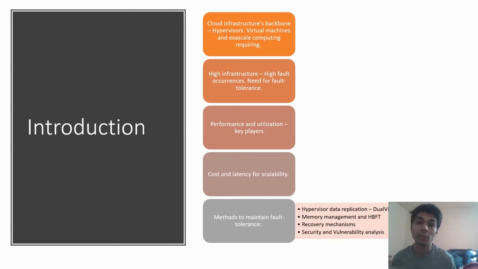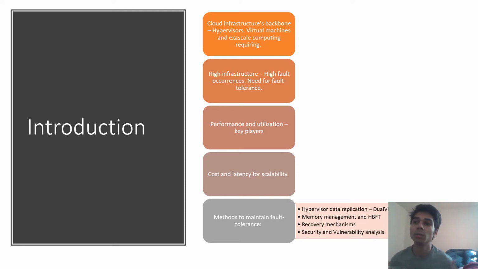So when this happens, the probability of fault occurrences also increases, and thereby we have parameters such as performance, cost and expense, and all of the resource utilization parameters that we have to take into account, and we look at how we can optimize that and make best use of it.